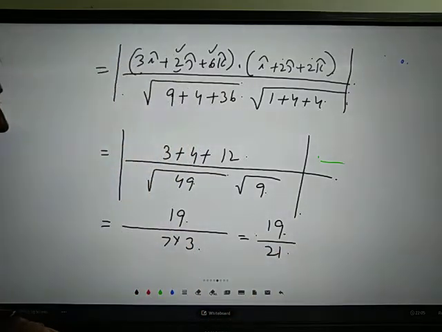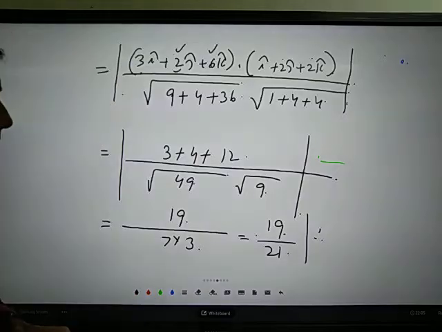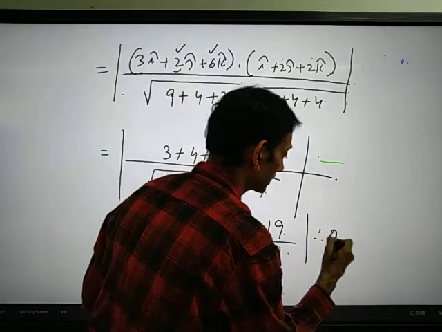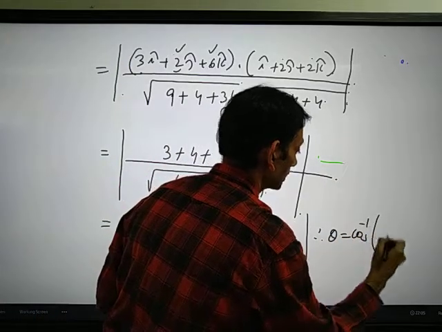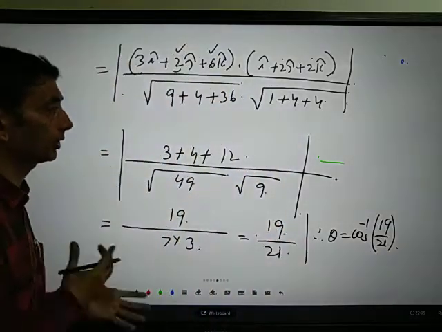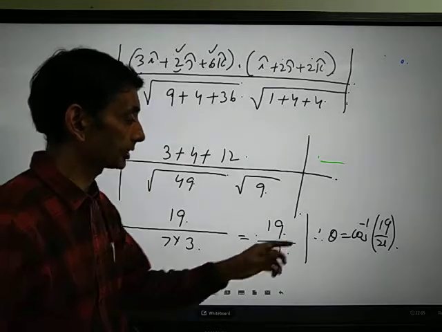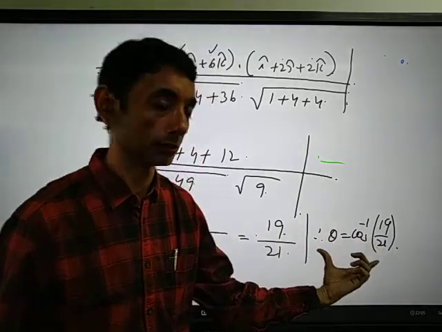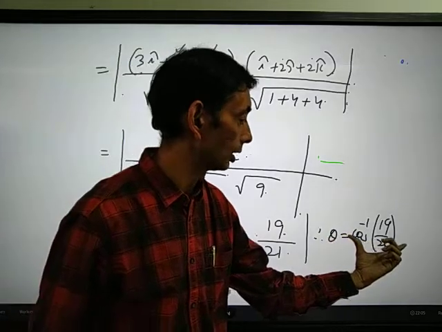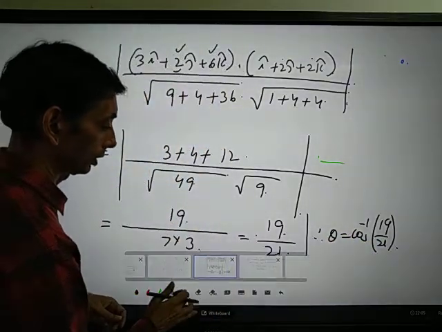So you got 19 by 21, and therefore cos theta is 19 by 21, therefore theta is equal to cos inverse 19 by 21. That's a very simple step, and we got the value of theta.